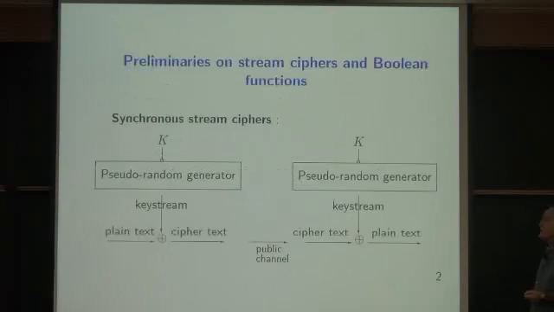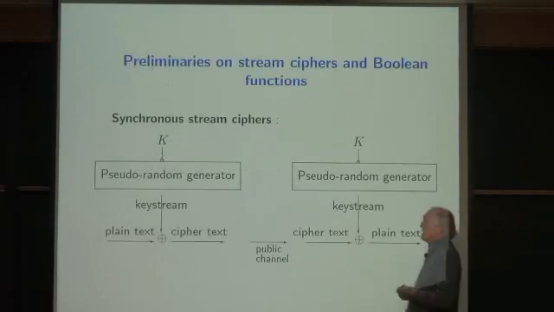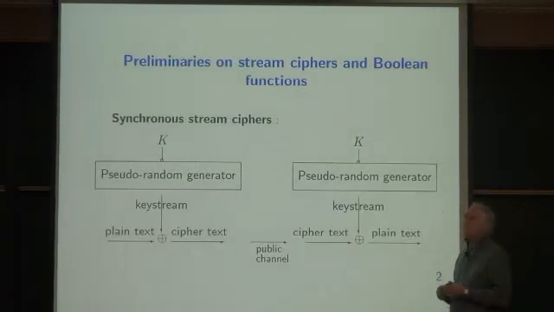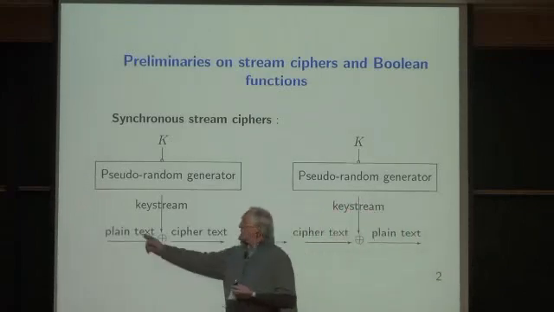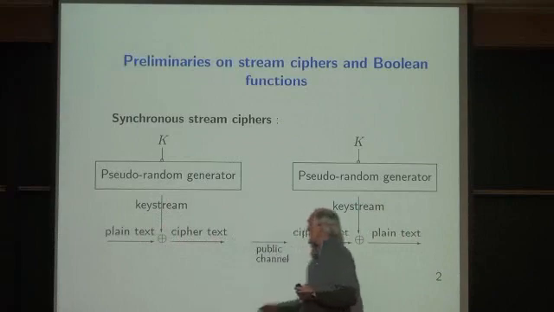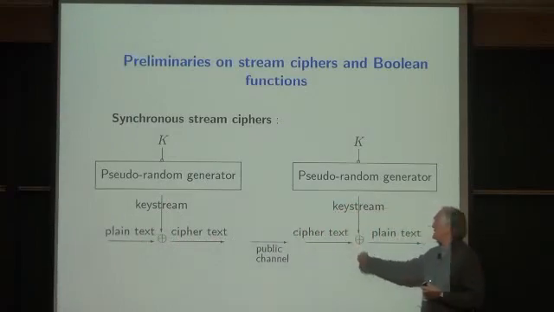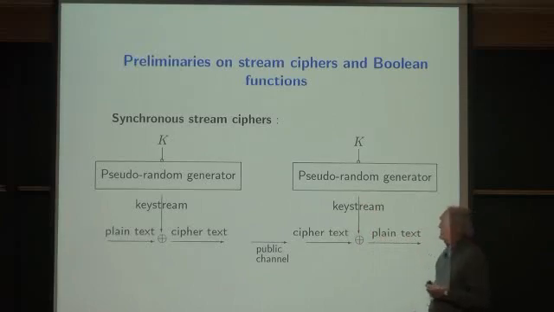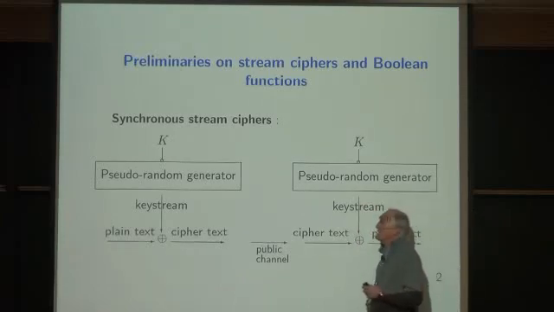So what is a stream cipher? It's based on the principle of the one-time pad, in which you just add to the plain text a key stream to get the ciphertext, and at the receiver end you take the ciphertext, you add the same key stream, and you get back the plain text.